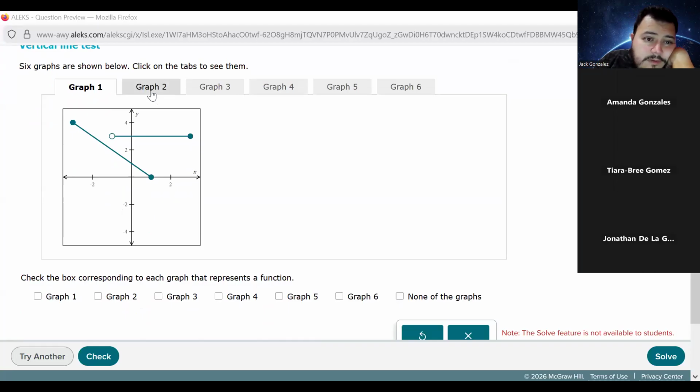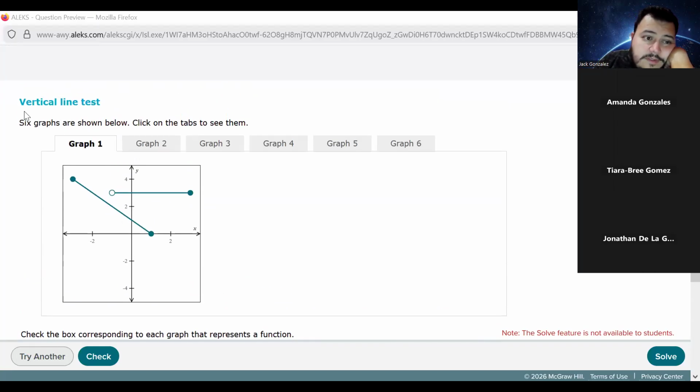Do you remember how to tell if it's a function using the vertical line test? Vertically. Horizontally would be one-to-one stuff.